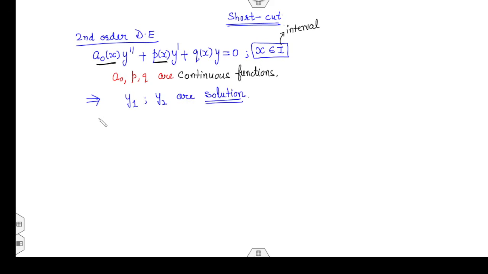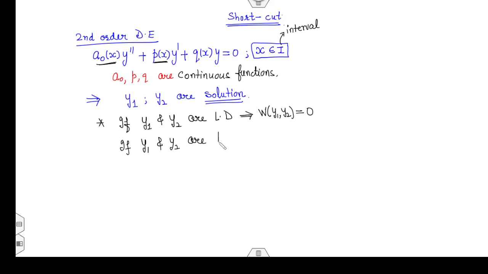Fine. The first remark is: if y1 and y2 are LD, then the Wronskian of y1 and y2 is always 0. If y1 and y2 are LI, then the Wronskian of y1 and y2 is non-zero, and this result holds for all x in the interval.